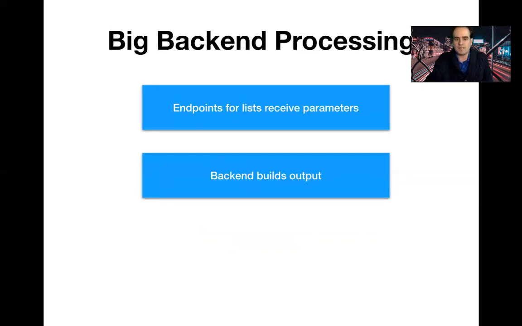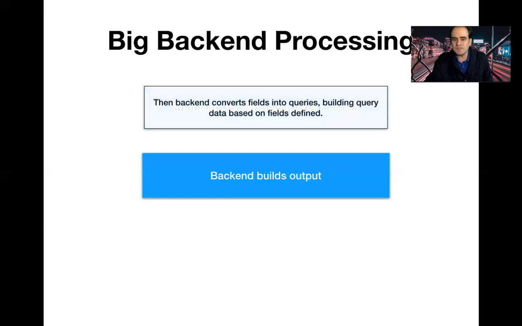So the endpoints receive a list of parameters, for example username or company Slack or something like that. And then you convert the parameters you got into the real query. So you send the parameters to a query function, and that query function is actually building the physical layer of the MongoDB where you got the data.